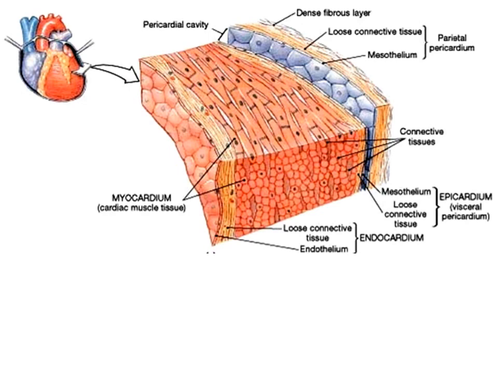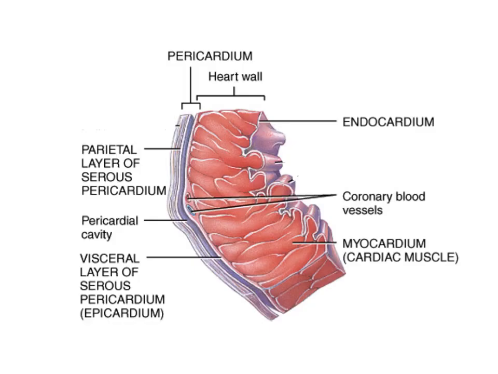This picture illustrates the three layers of the heart: the myocardium in the middle, the endocardium lining the heart, and the third layer is the epicardium, the outermost layer of the heart wall.